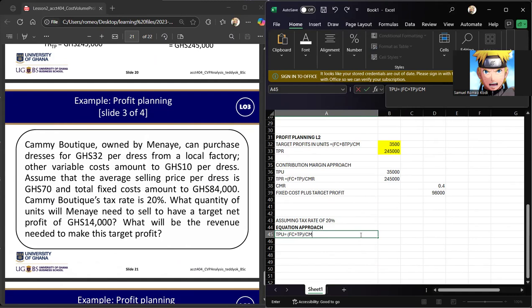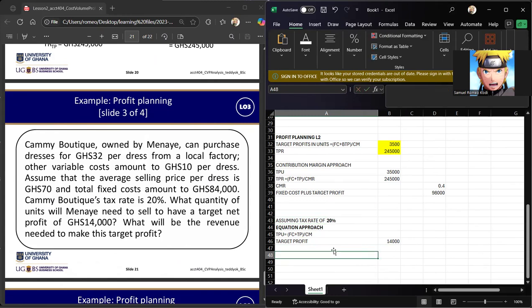But here, our target profit, we have to gross it up. Our target profit was 14,000. So we have to gross up our target profit by the tax rate given to us, 20%.